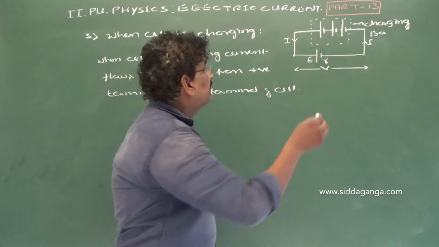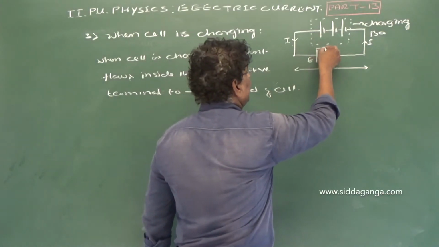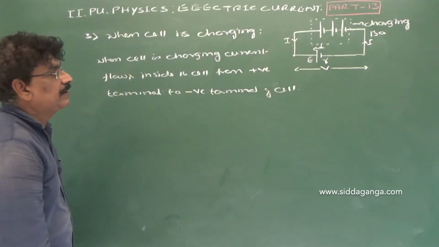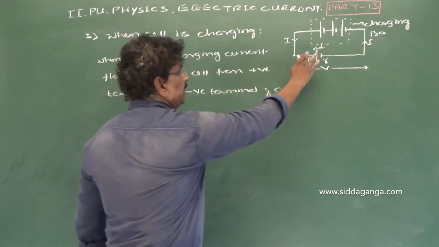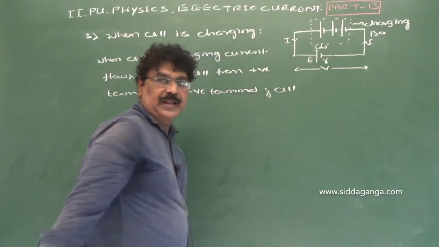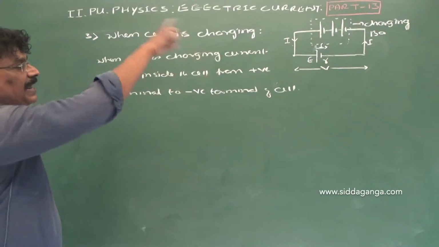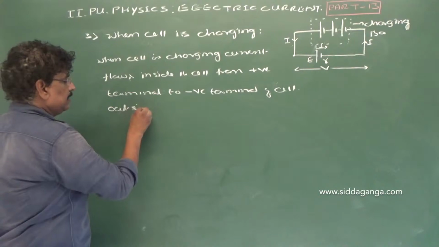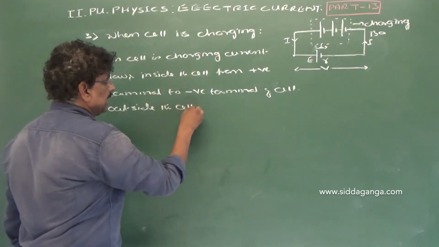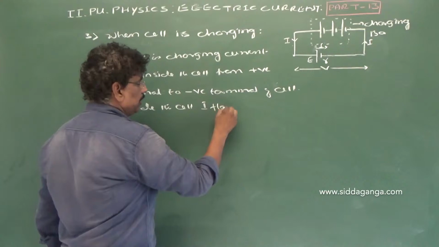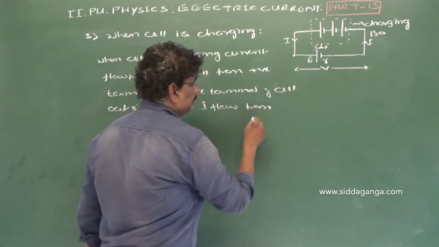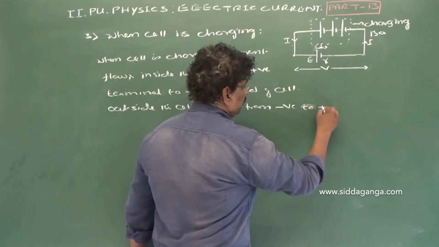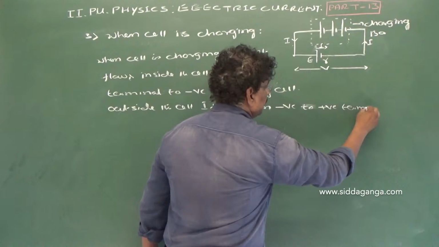Inside the cell, the current flows from the positive terminal to the negative terminal. Outside the cell, I flows from the negative to the positive terminal.